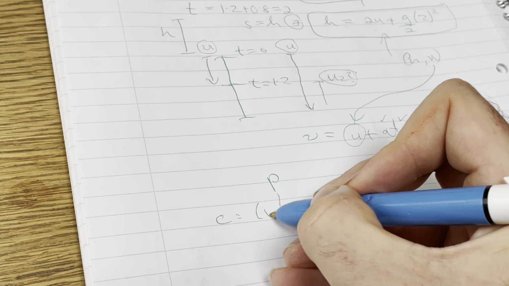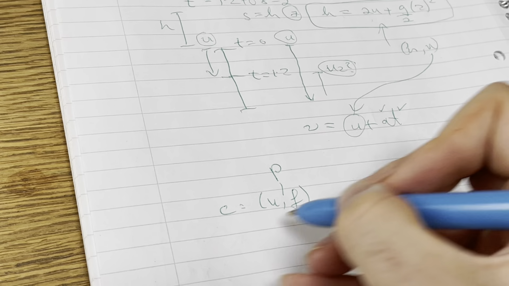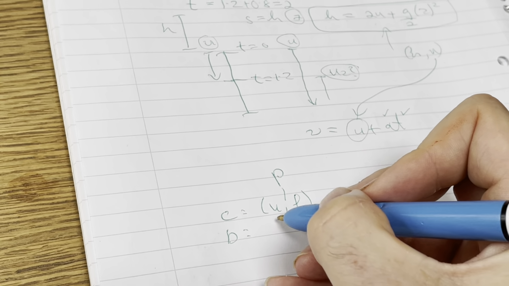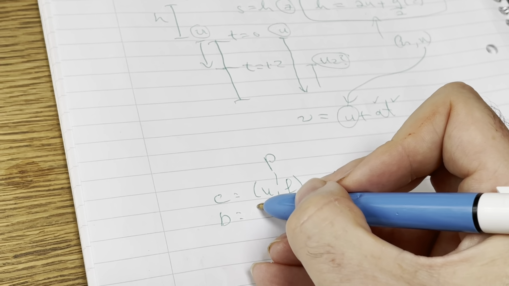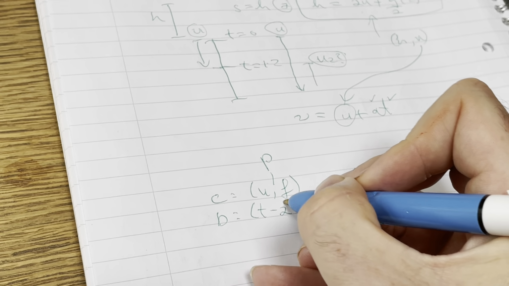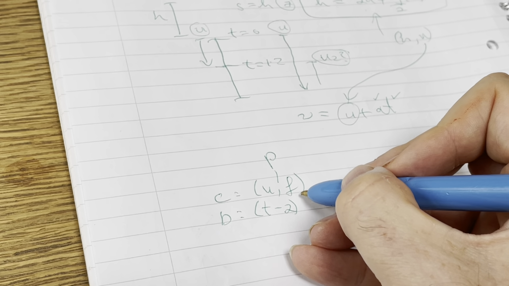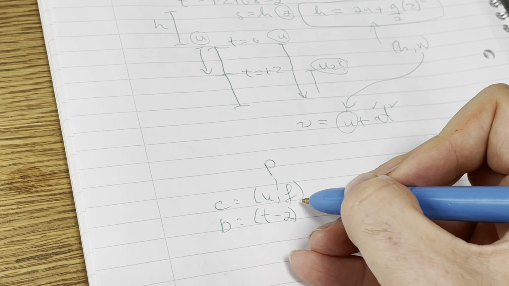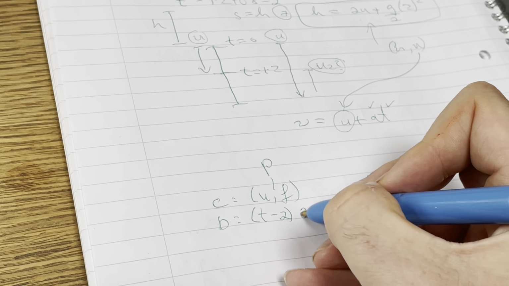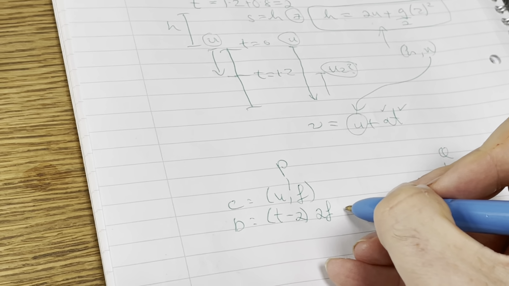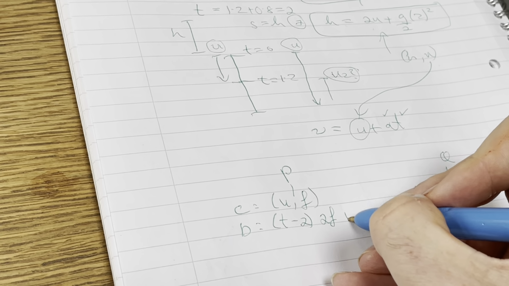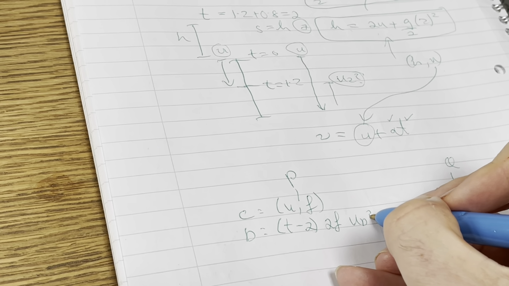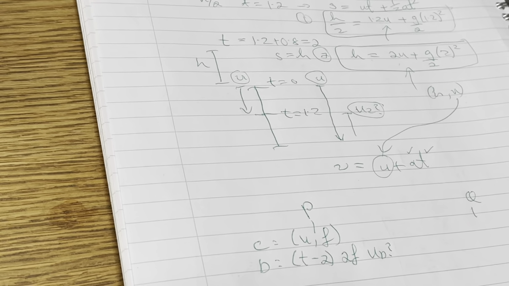Acceleration, speed, u and f, d. 2 seconds later, so let's just put t minus 2, in the same direction with uniform acceleration 2f. We don't know the initial speed of d. We don't know that.